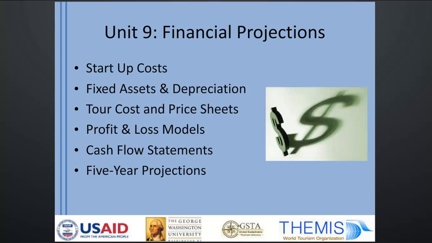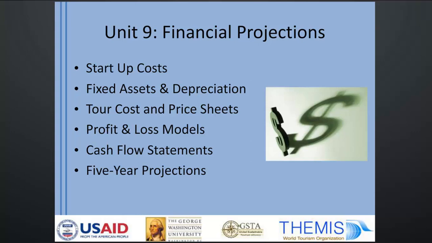This is really where you as the business plan developer need to put your money where your mouth is, literally. So this section includes things like identifying and documenting startup costs for an enterprise.